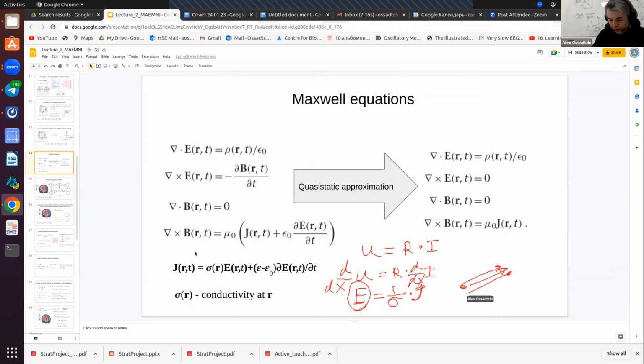And this work in the macro scale will be described by this potential, by this voltage. But in a micro scale, you're talking about the vector lines E, which is the strength of the field, or линия напряженности поля in Russian. And this is the differential equation, which is the differential form of Ohm's law. Okay, that will be important because when we talk about the secondary currents, you'll need this.